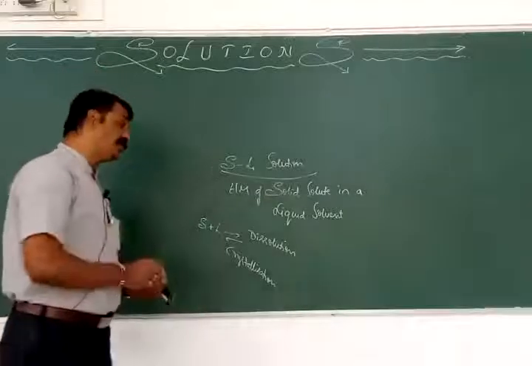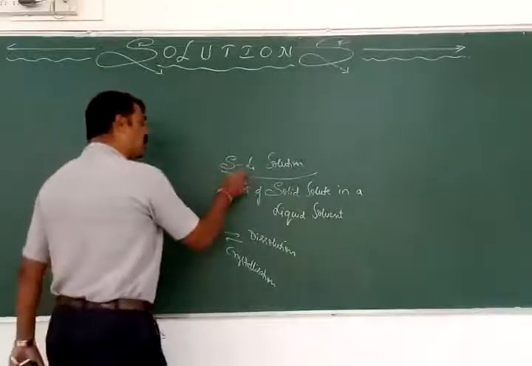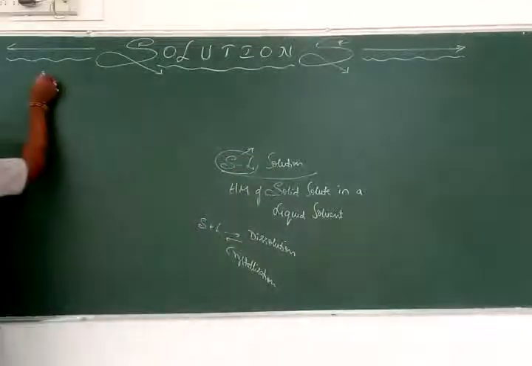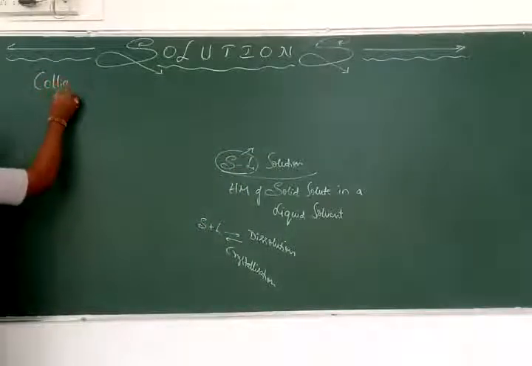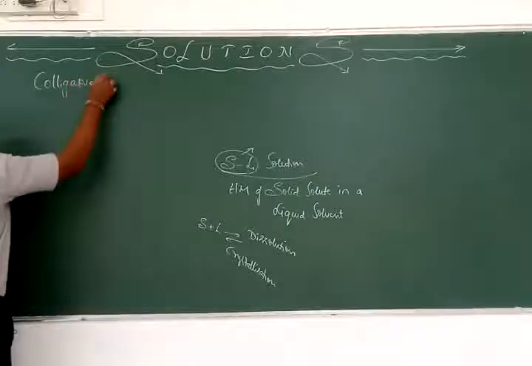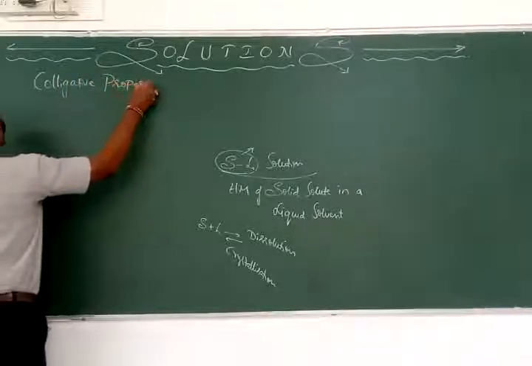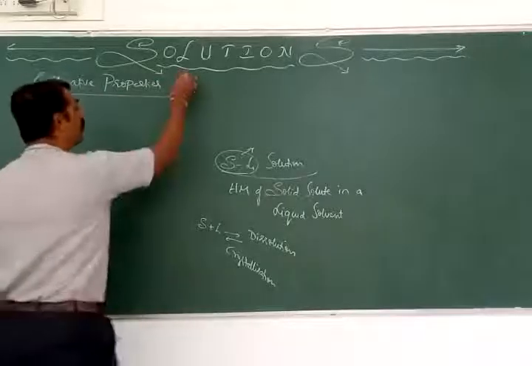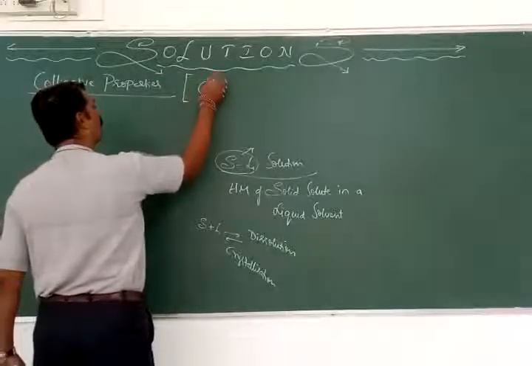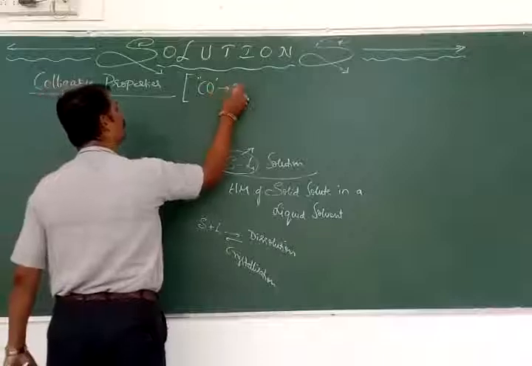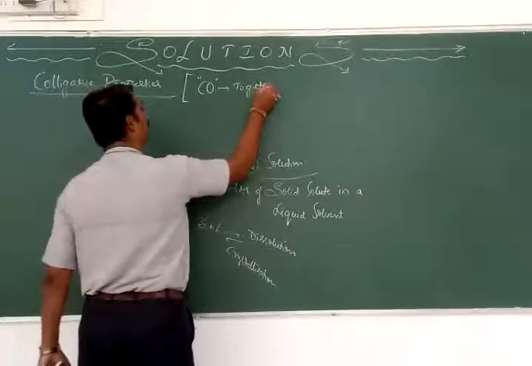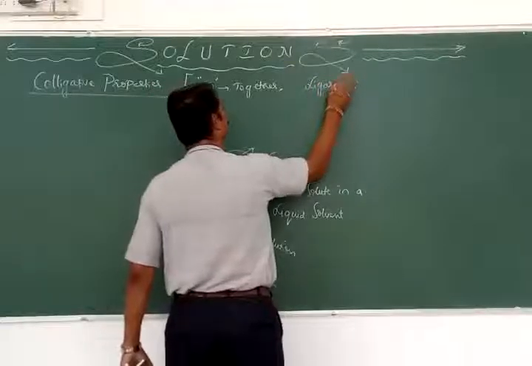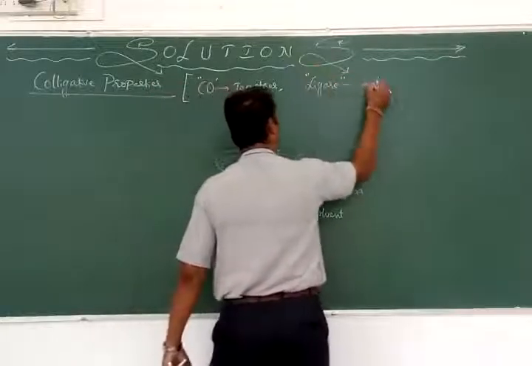Okay. So right now, this particular solid liquid solution is explained on the basis of a new type of physical property called colligative properties. It is derived from the Latin words co, meaning together, and ligare, meaning to bind.